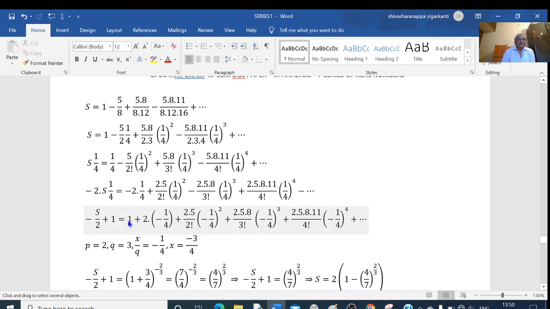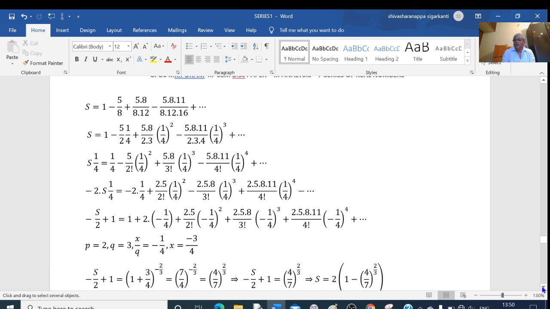Now the right hand side is in the standard form with p equal to 2, q equal to 3, x by q equal to minus 1 by 4, right? So p equal to 2, q equal to 3, x by q equal to minus 1 by 4, or x equal to minus q by 4, x equal to minus 3 by 4.